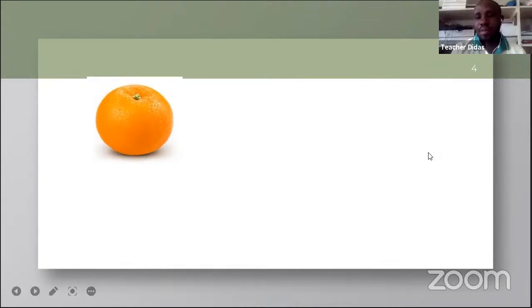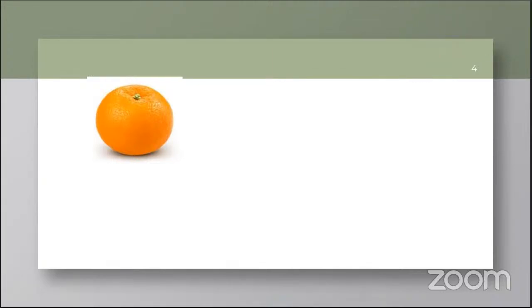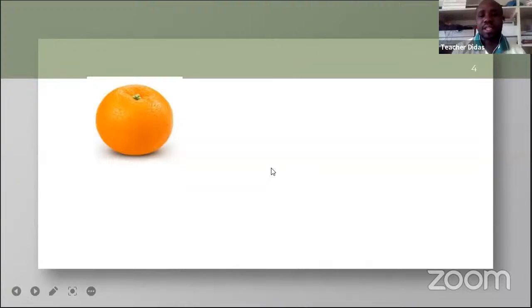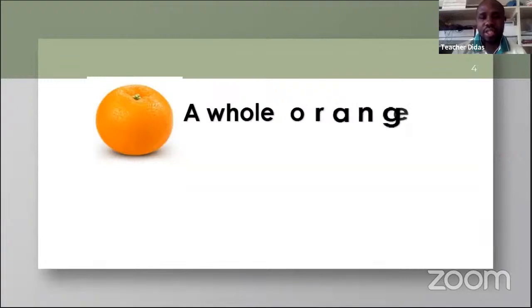According to Shanita, what we are seeing there, our orange has not been cut, so it is a whole orange. An orange is a whole. So when we are getting a fraction, we shall divide our whole. That's why we say a fraction is part of a whole.